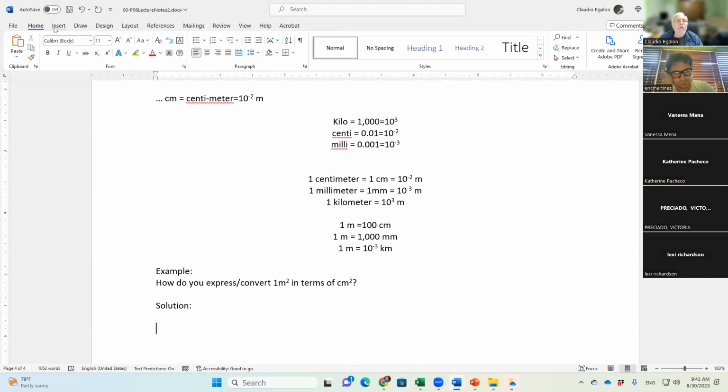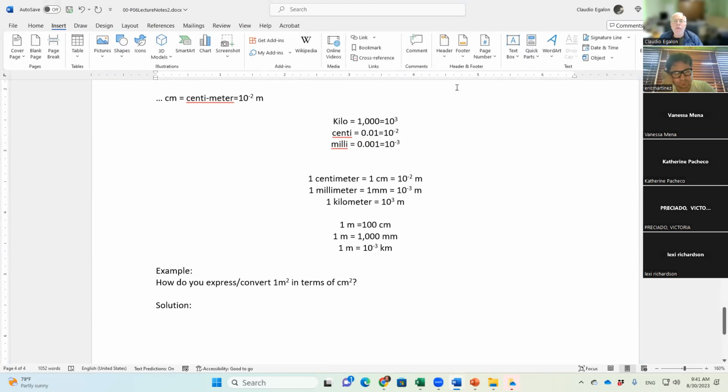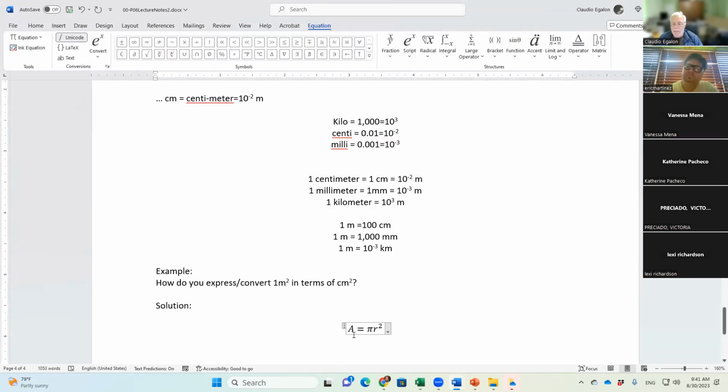Oftentimes in physics, you're going to have to confront this type of problem. And this time I'm going to use my equation here. Okay, I want to write down 1 meter square in terms of centimeter square.